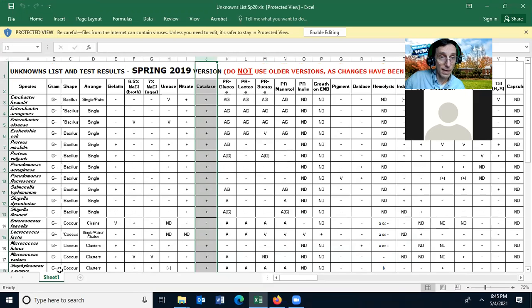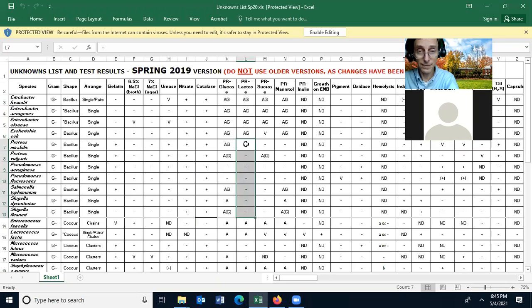And then you can divide them by, oh, I don't know, what would be a good one? PR lactose. All of these top 4 are positive for PR lactose, and then these bottom ones are negative in PR lactose. I only chose that because it's easy to talk about.